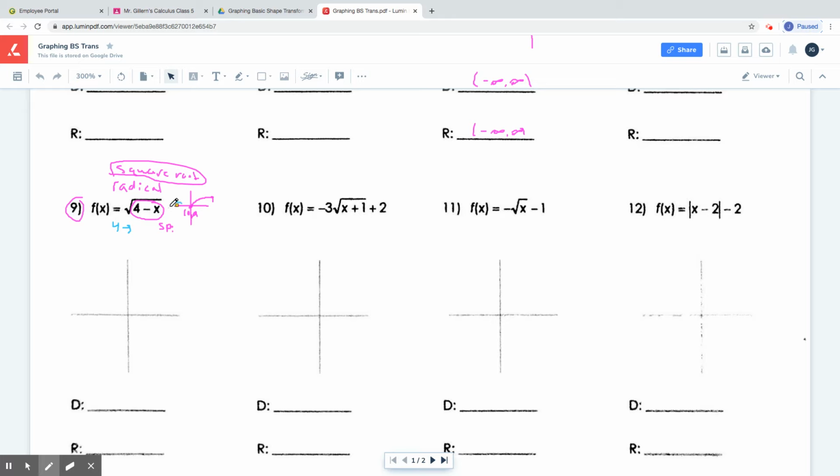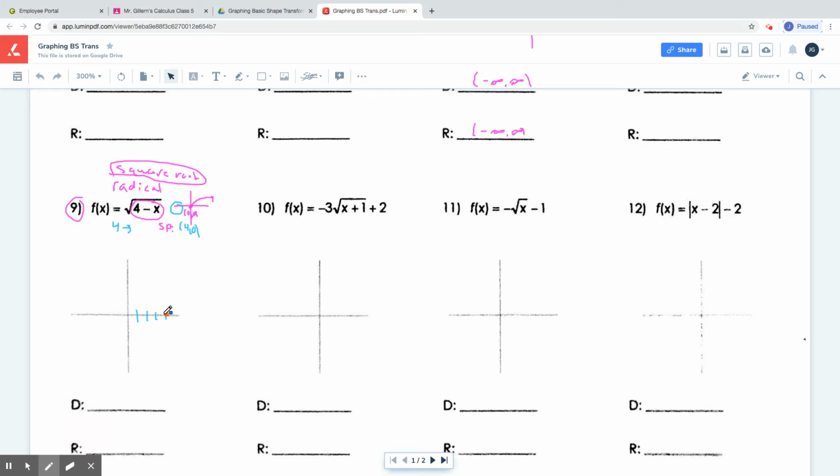There's nothing over here, which means we're not moving it up or down. This moves it up or down, right? If you look at this next example, this would move it down 1 and so forth, okay? So that means our new starting point is not at 0, 0. It's going to be at 4, 0. 1, 2, 3, 4. All right, that's our new starting point at 4, 0.